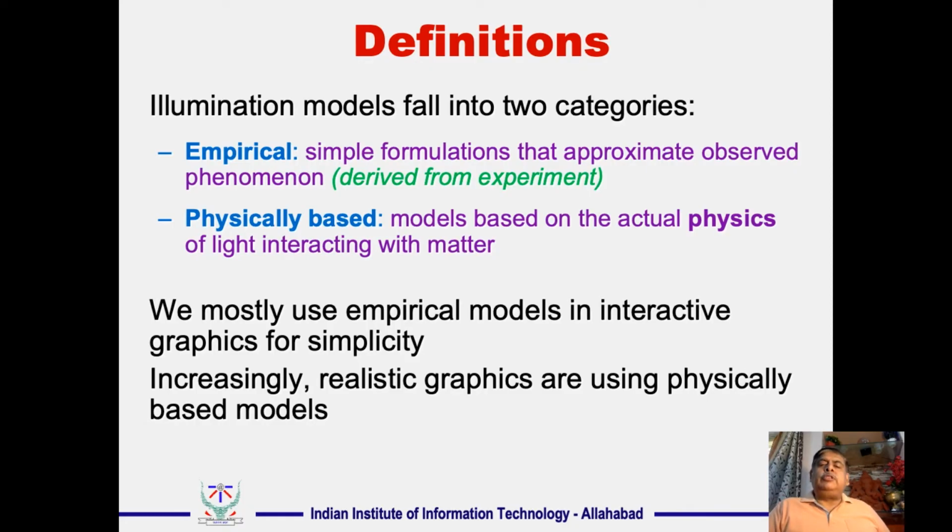We mostly use the empirical model in interactive graphics for simplicity and to reduce the computational power. But increasingly, realistic graphics are using physically based models with the coming of more high performance computing with extremely efficient GPU cards. This is now becoming a reality, to generate these physics models in real time.